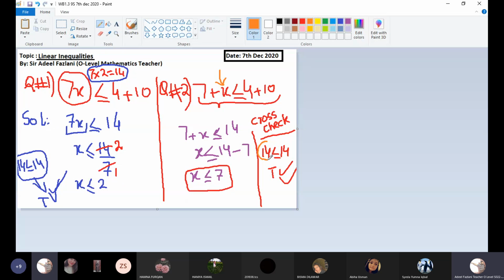So it's less than or equals to 4 plus 10, which is also 14. If both are equal, it's not less than, but if one of the conditions is true, the entire condition is true. That is what we have learned in the previous whiteboard. Got it? Yes, sir.